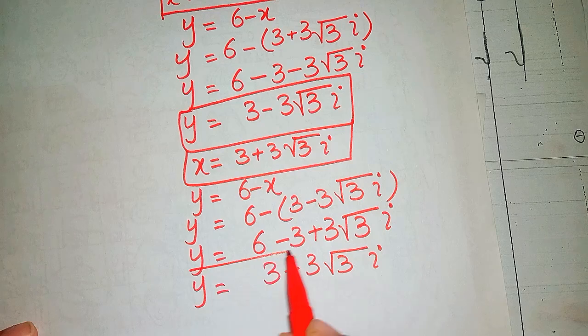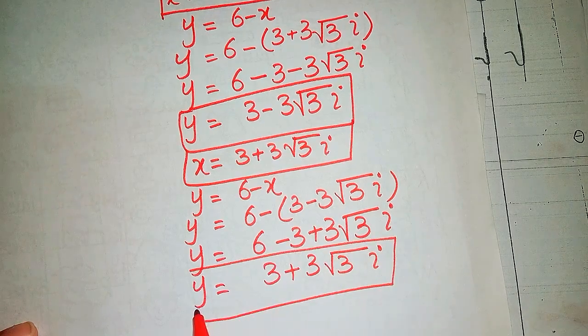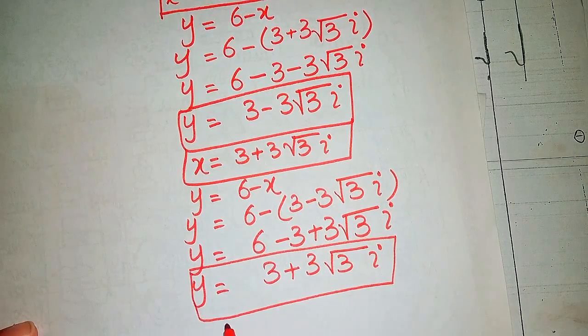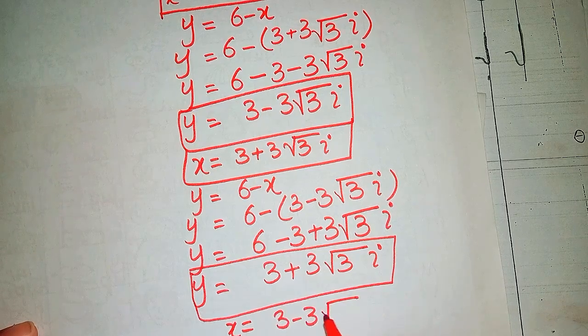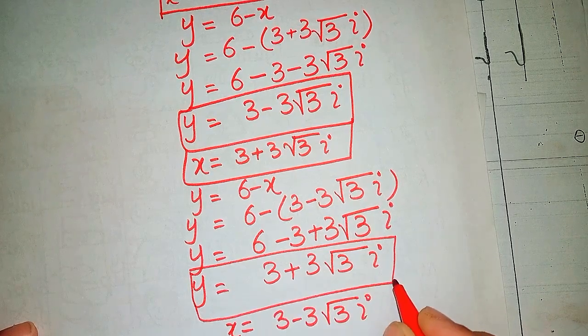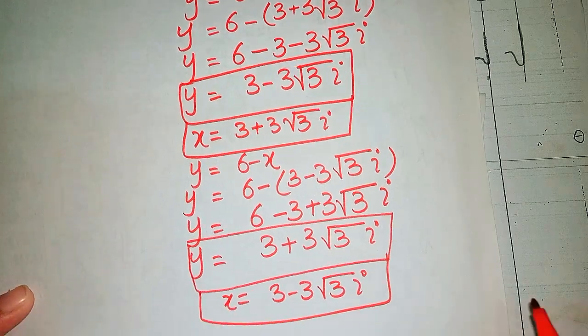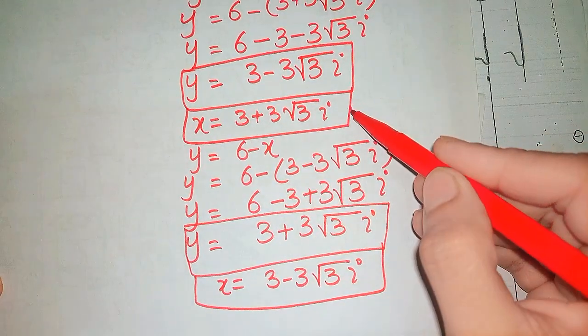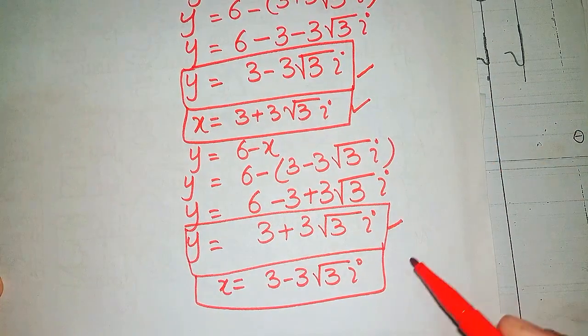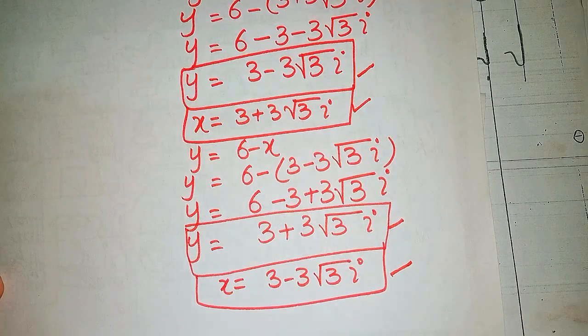This is the value of y when our x equals 3 minus 3 into square root 3 iota. So we can say that our x value is this and y is this. Similarly, these are the x, y values.